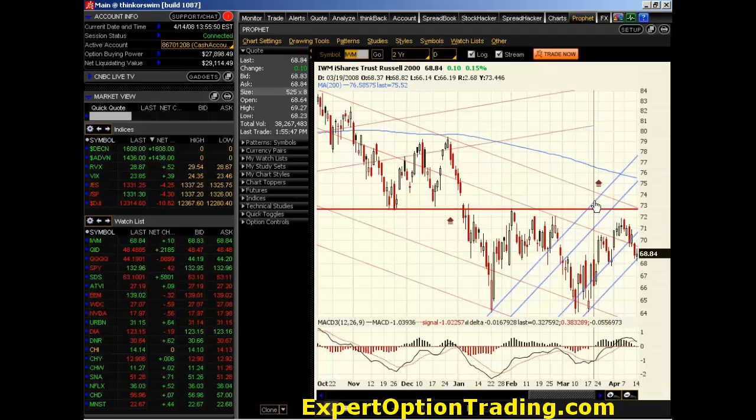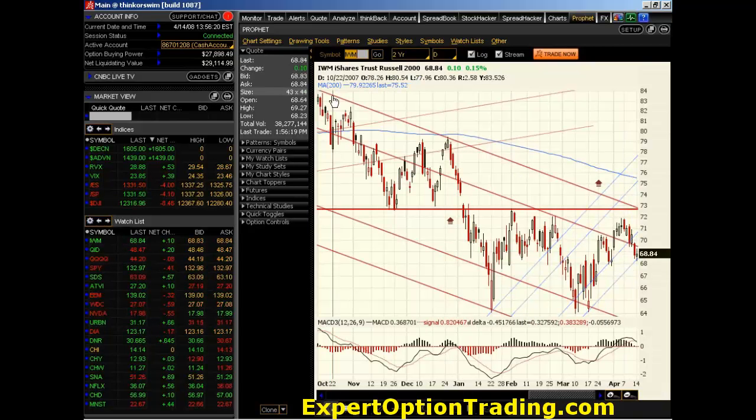I'm trying to set the channels ahead of time. I'm trying to anticipate a little bit, not a lot, but a little bit. And it looks like we've hit the support on this new uptrend channel here, and then again today. So it looks like it's holding. That may be the beginning of a new uptrend in the IWM. We'll have to see how this goes over the next 30 days while we're in this trade.